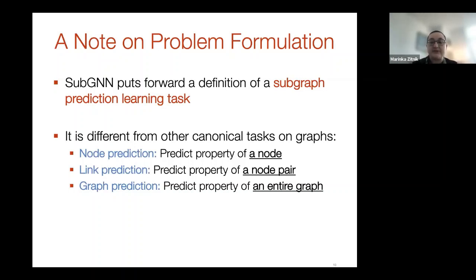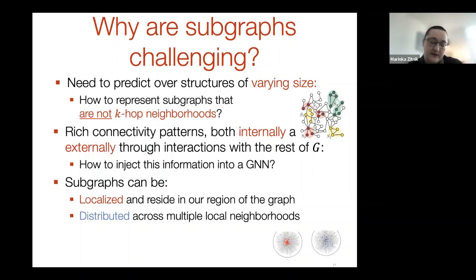So the relationship between SubGNN and canonical prediction tasks on graphs is that SubGNN is concerned primarily with modeling subgraphs, these mesoscale structures effectively, in contrast to canonical tasks that are focusing on predicting properties of individual nodes, pairs of nodes, or entire graphs. So this is how SubGNN connects with other tasks.